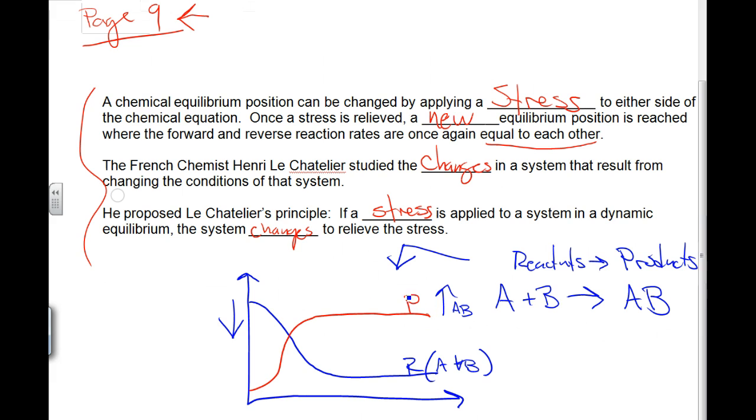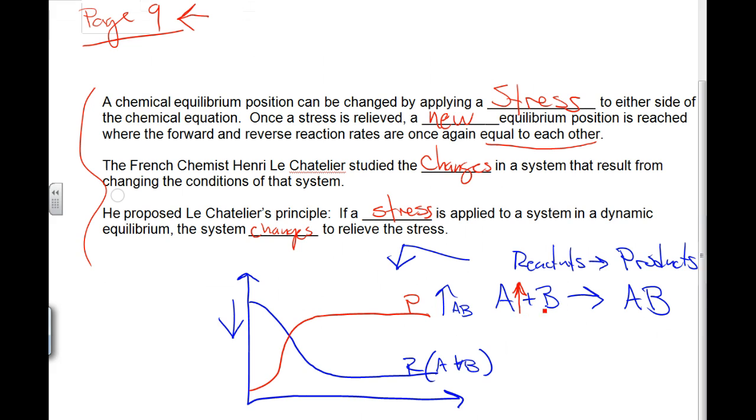Okay, so Le Chatelier is saying, change colors again, he's saying that if I apply a stress to this system, the equilibrium will change to relieve that stress. So I want you to think about it. Think if I have A and I increase the amount of A. All right, now if I increase A, the likelihood that A is going to run into B is more likely.